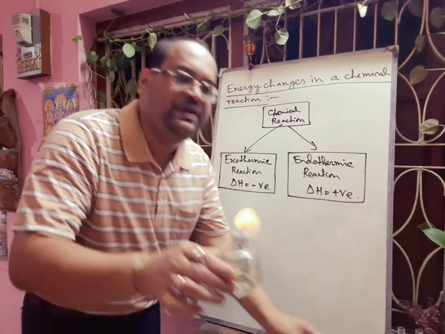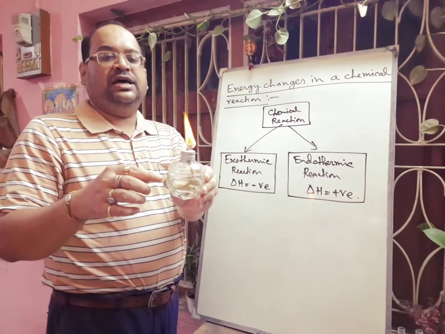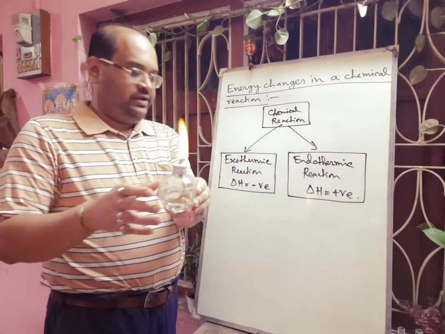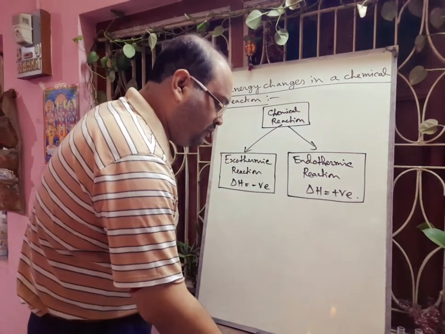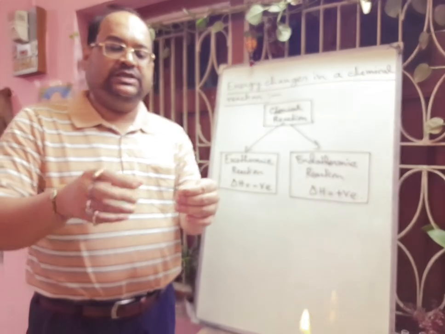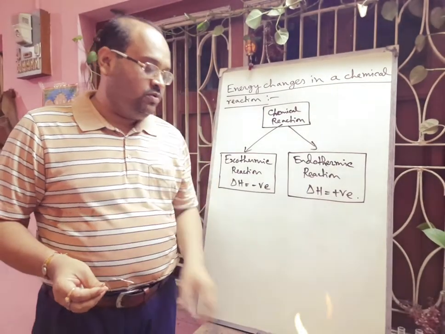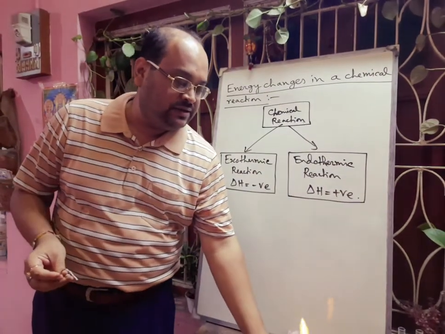This is called a spirit lamp. Inside is spirit, that is ethyl alcohol. We are taking a magnesium ribbon. If you burn it, what will happen? You observe.